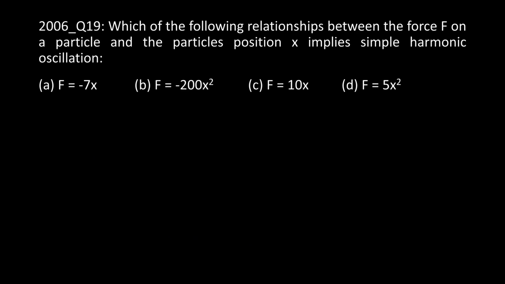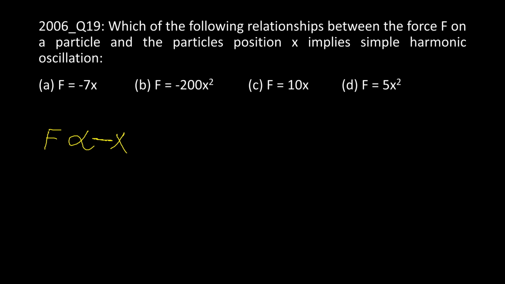Which of the following relationships between the force F on a particle and the particle's position x implies simple harmonic oscillation? The definition of simple harmonic oscillation is that force is directly proportional to the displacement and it always acts in the opposite direction to the motion of the particle.